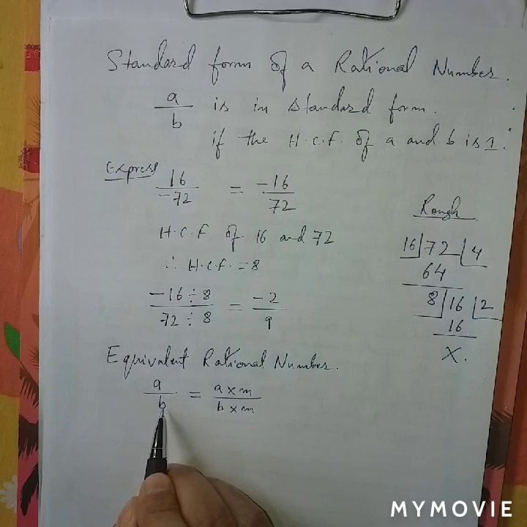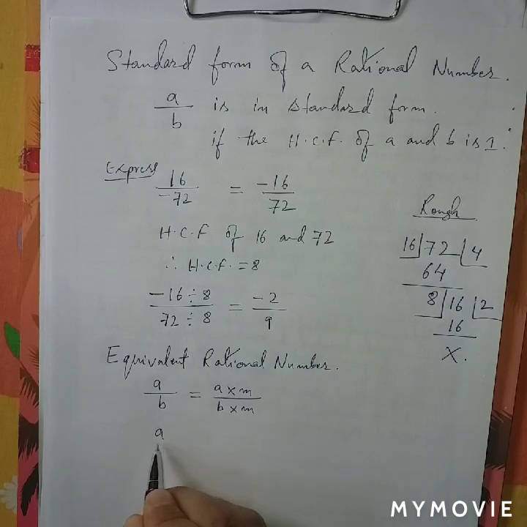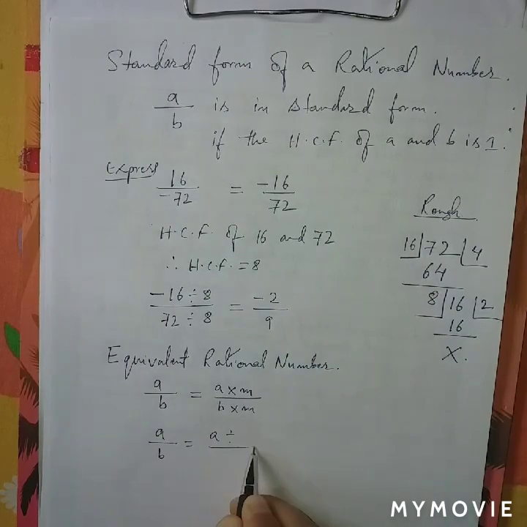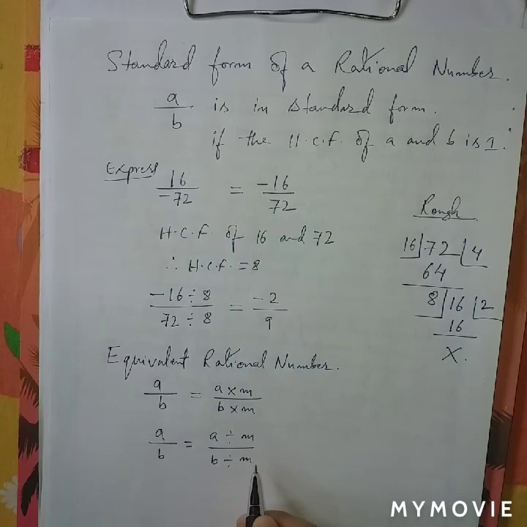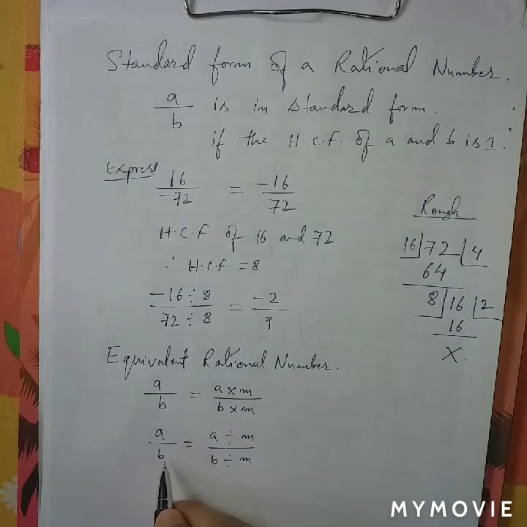rational number given. Similarly, if we divide the numerator and the denominator by the same integer, then whatever we obtain will be equivalent to the given rational number.